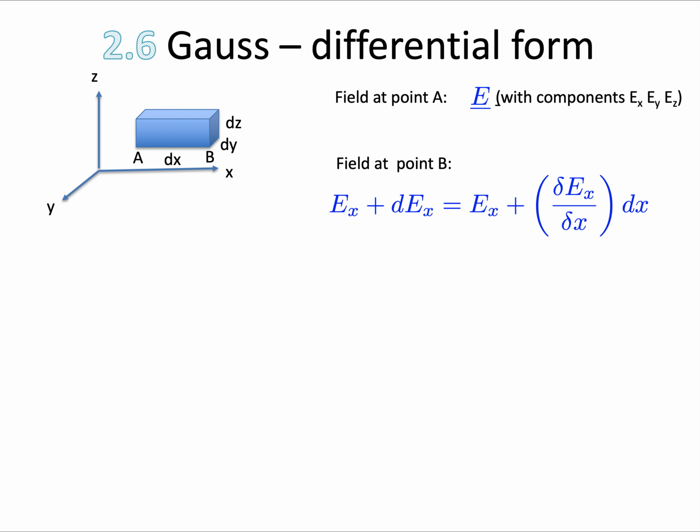So now if you want to know the net flux between the two end surfaces, which is just the difference in the flux between the two end surfaces, you have to integrate in both of these directions as well. So basically we can multiply the electric field by the area to get to the flux.